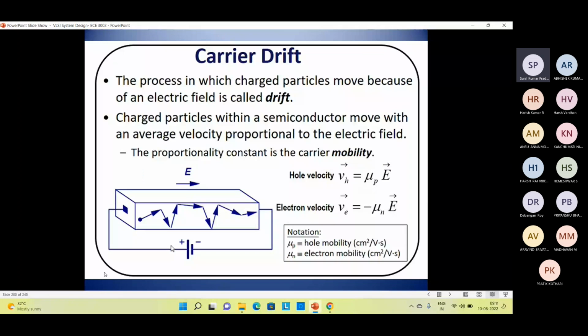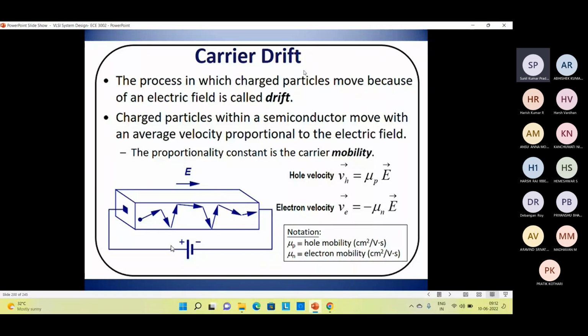Now let's discuss some terminology so that it will be easy for you to understand the transport behavior in our MOSFET devices. The first term is drift, and we also call it drift velocity. So, what is meant by drift? The process in which charged particles move because of an electric field is called drift.